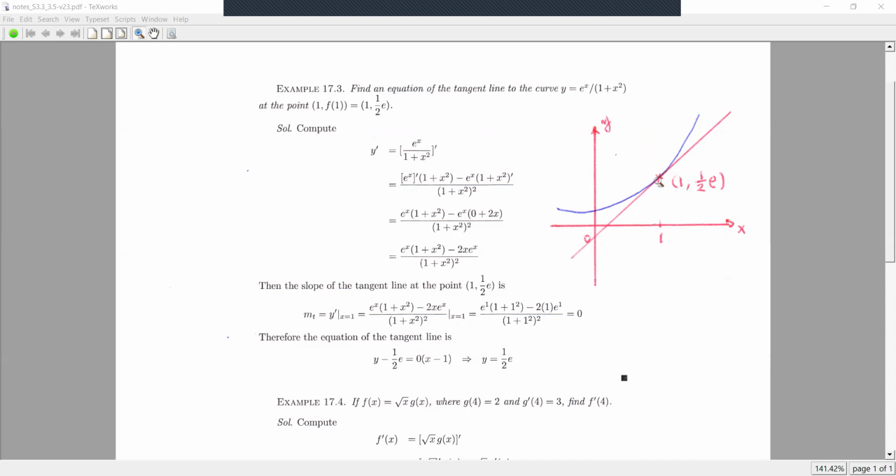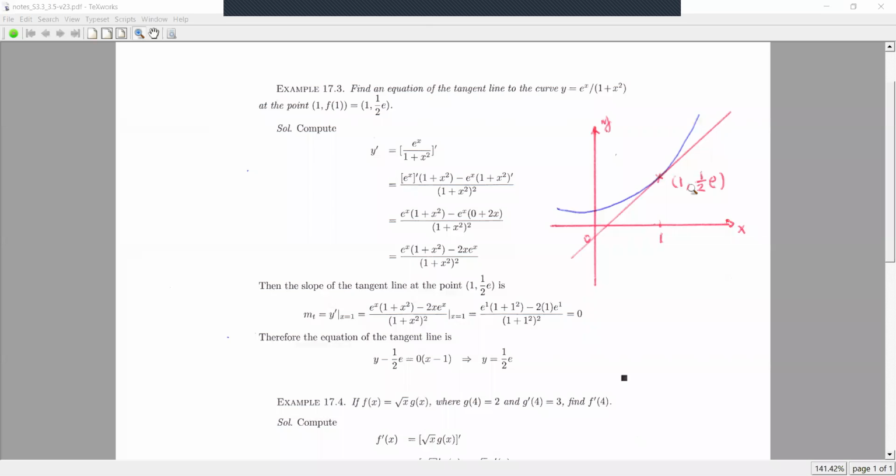Suppose this point is here on the graph of the function. At this point, there is a tangent line. We need to write down the equation of this tangent line.